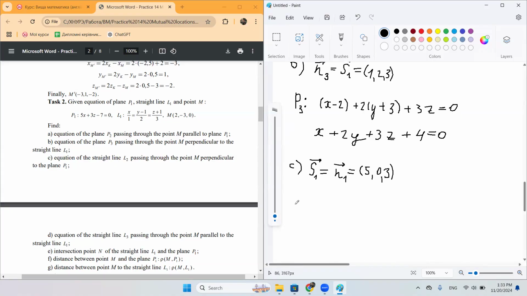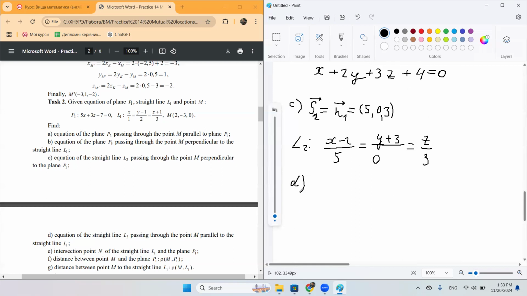Okay, so writing down the equation of L2. So x minus 2 by 5 equals y by 0 equals z. No, so y plus 3. Yeah, confused vectors, coordinates. So equals z by 3. So that's it.